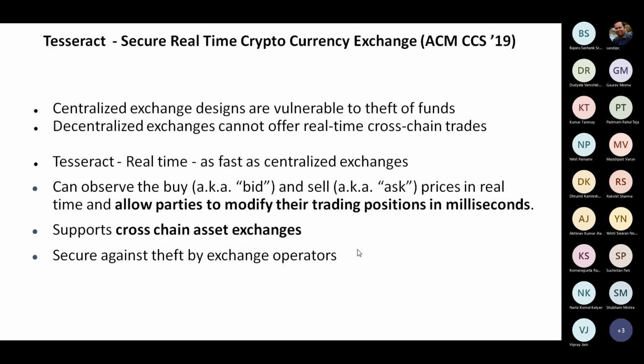And it supports not only buying any particular cryptocurrency against some real currency, but also cross-chain asset exchange, which means one can exchange bitcoins with litecoins and so on. And it is secure against theft by exchange operators.